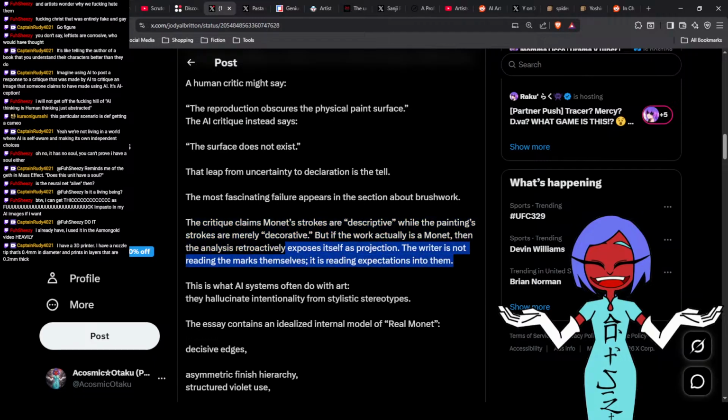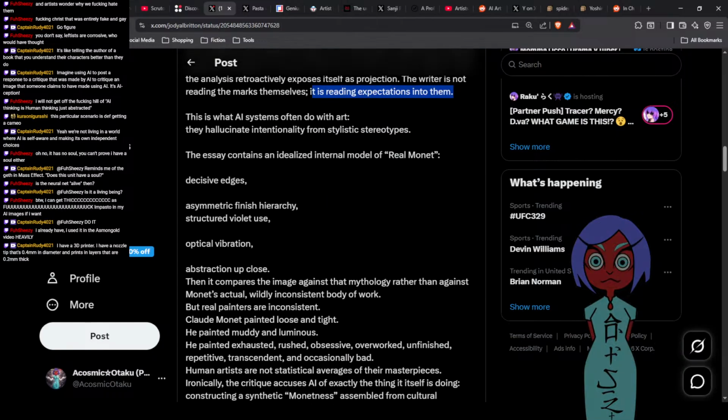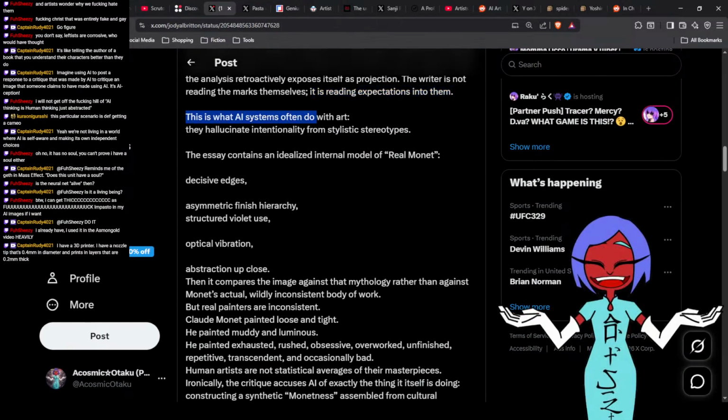Absolutely, right here. It is reading expectation into them. He is calling them out for doing eisegesis instead of exegesis. I called it. I'm so glad someone else was writing this better than I could have, to be perfectly honest. Right? This is what AI systems often do with art. They hallucinate intentionality from stylistic stereotypes.